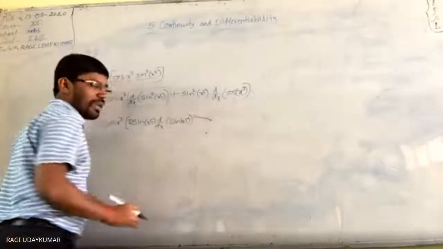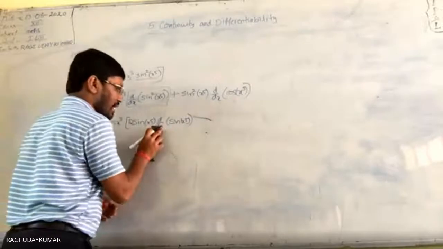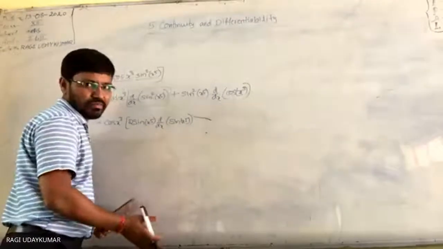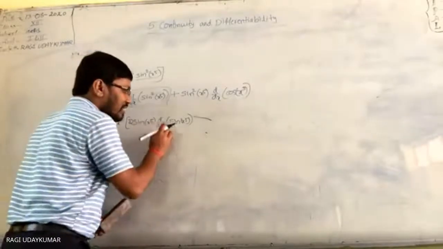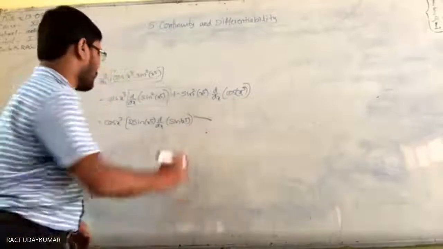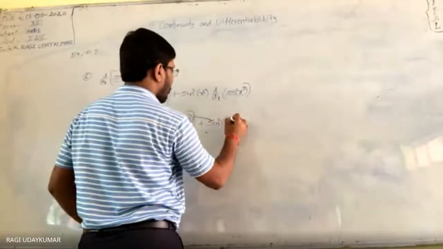This you can write in one step only. If you want, I am writing it short here to reduce time, but in your notebook you need to write step by step. Sin x to the power of 5. If you get confused, then I will write it completely. Plus sin square x to the power of 5 into d by dx of cos x cube.